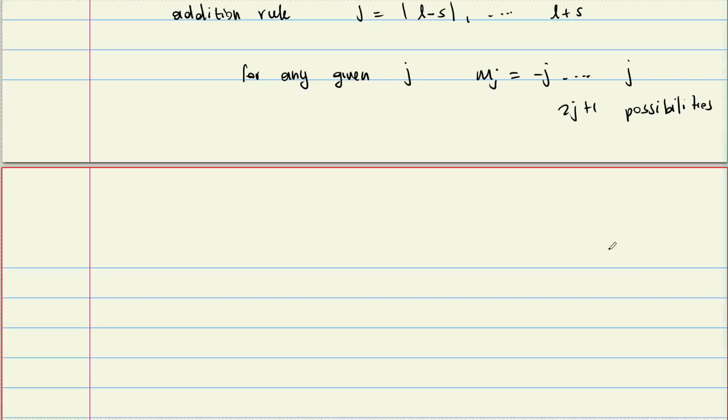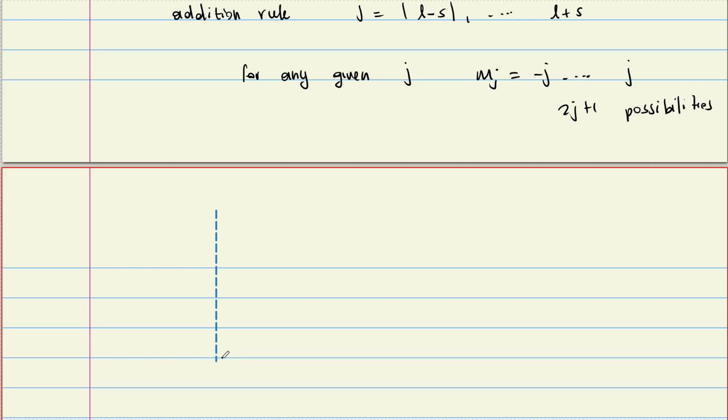So the picture now is like, okay, this is also a cartoon, but I think it helps us to see or understand what is happening. Suppose this is my z direction, and I have to have two angular momentums.